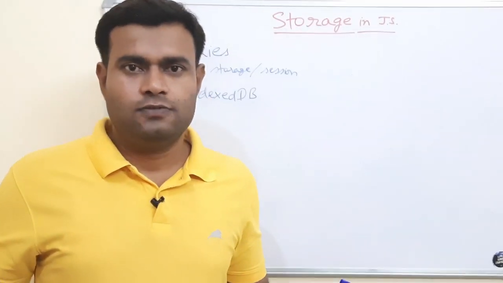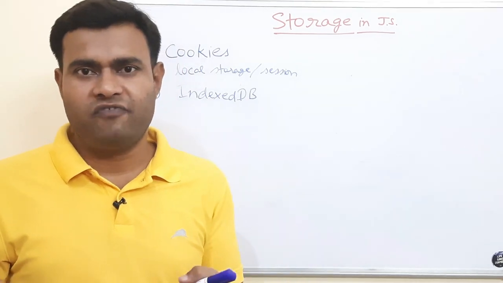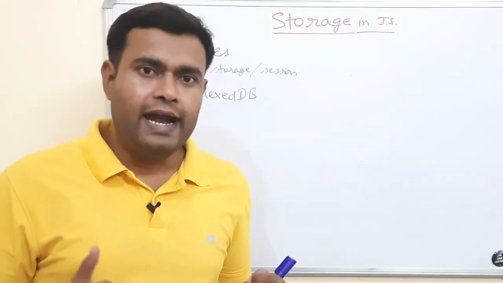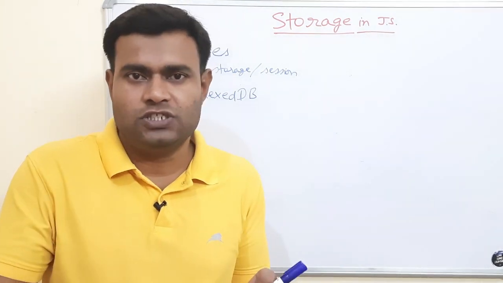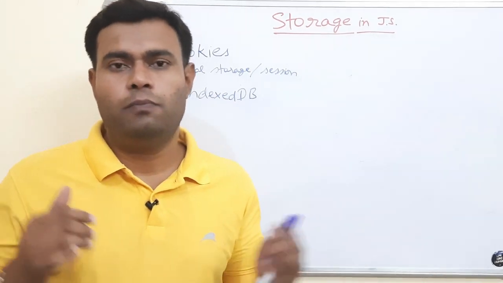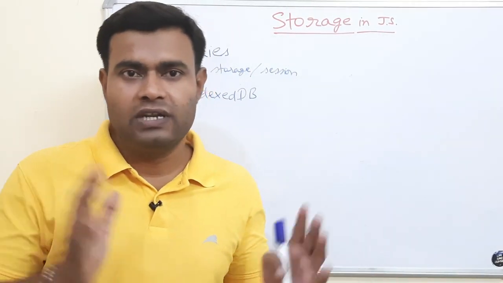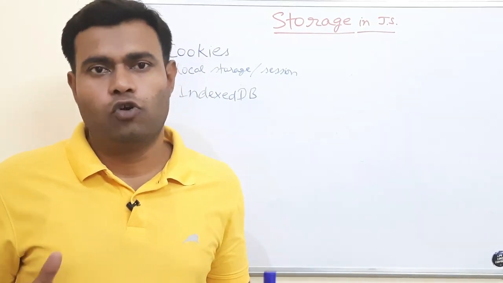The advantage of this is you can store a good amount of data. I think the limit is 5 MB, and it can store objects and blob objects like images, right? And definitely there is no limit on any particular key value pair. It can be of good length.